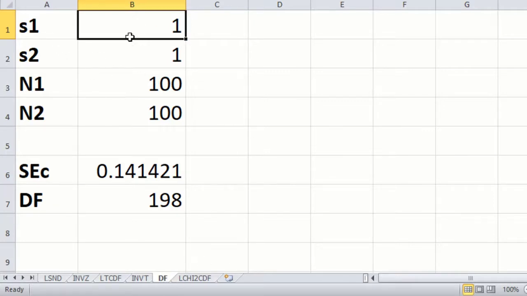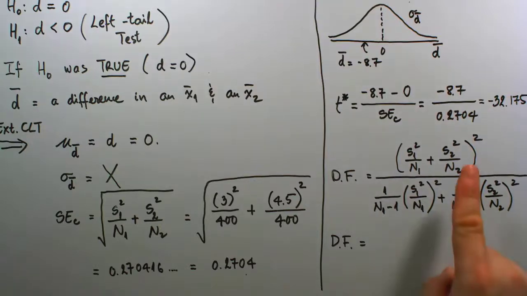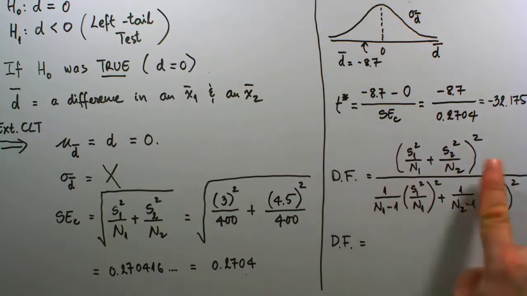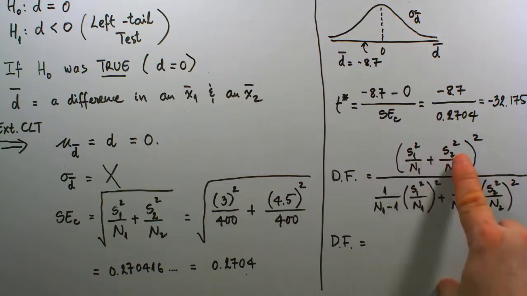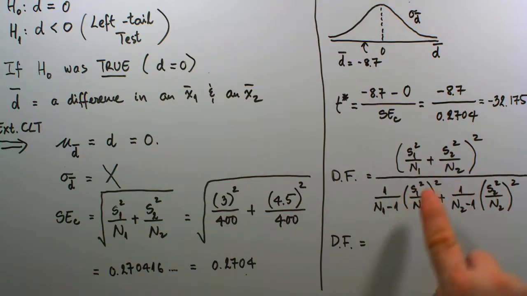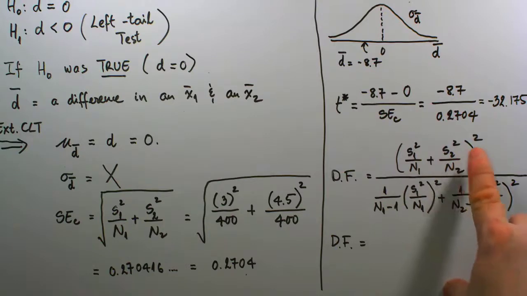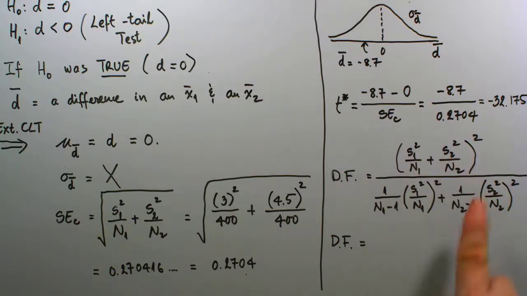I have prepared 4 boxes because, even though the formula looks very ugly and complicated, it only requires 4 major values: S1, S2, N1, N2, and those are all that's needed for running our formula.